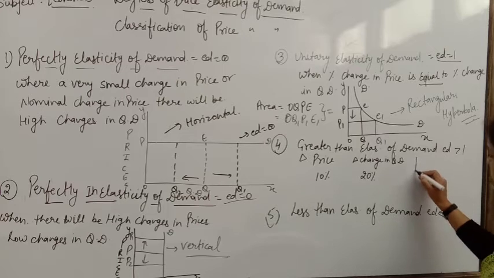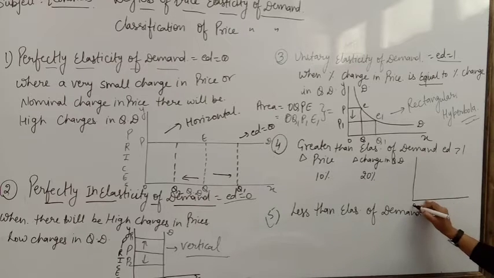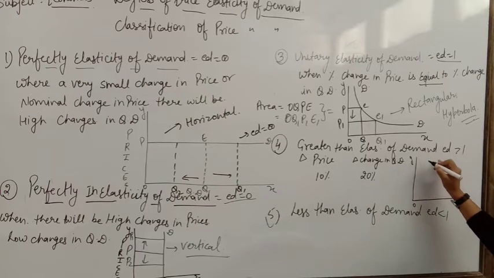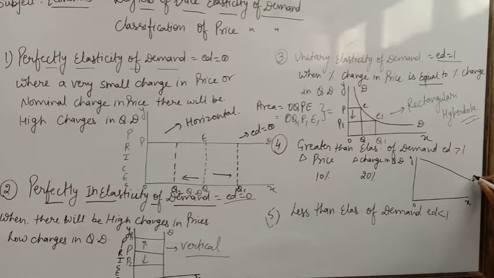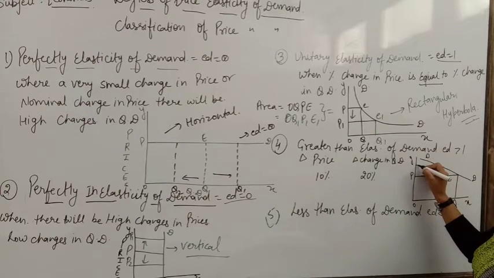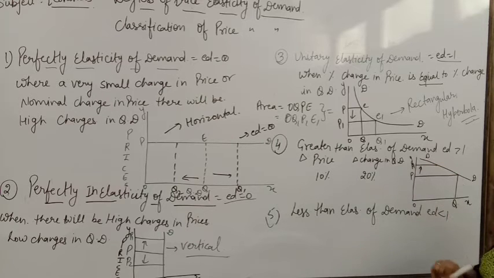How are we going to draw the diagram? We can draw the diagram in that manner. Look at there, DD is the demand curve, OP is price and OQ is quantity. Clear? Now if price increases from OP to OP1, the quantity demanded decreases from OQ to OQ1.